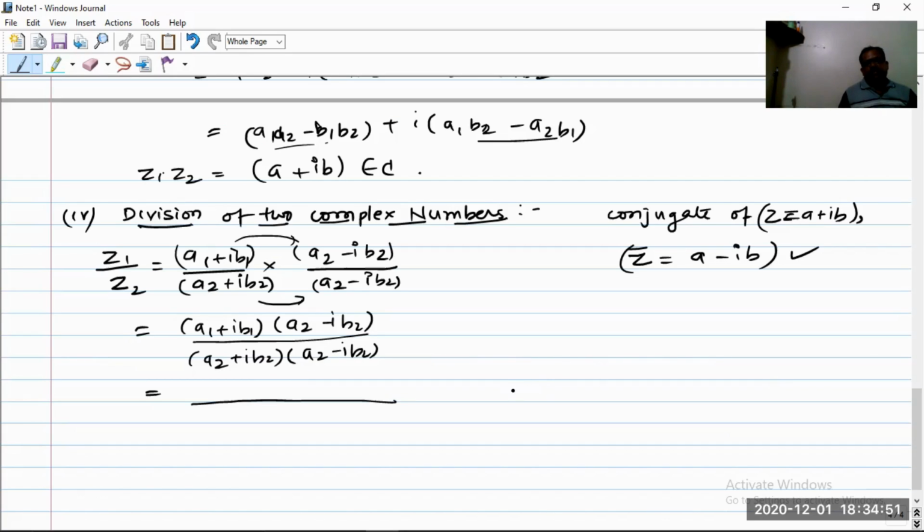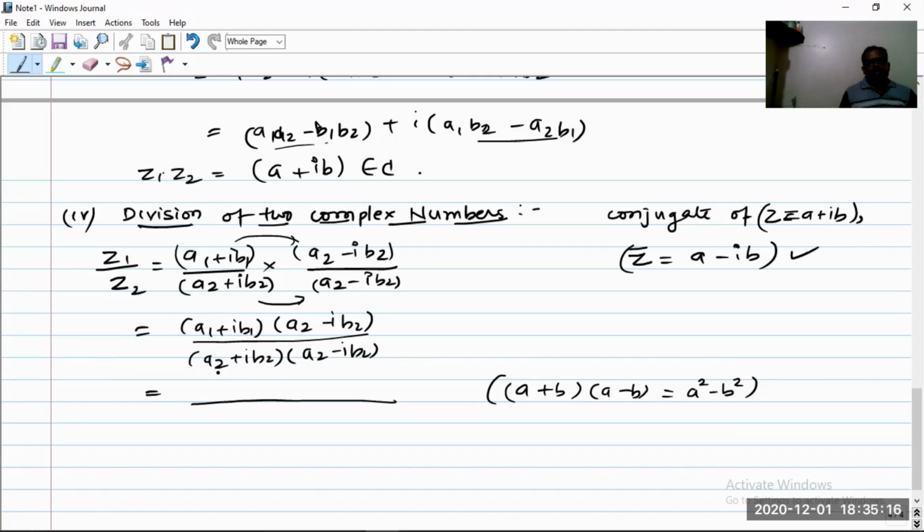In algebra we have a very well known identity, the formula a plus b into a minus b, which is equal to a square minus b square. Can I apply this formula here? It is a2 plus ib2 and a2 minus ib2.